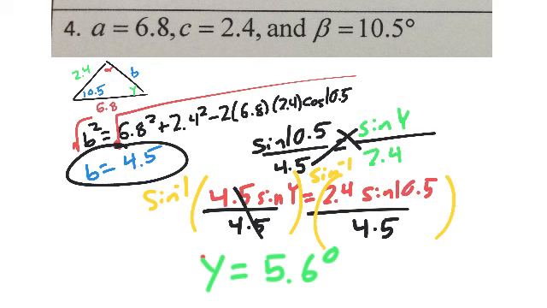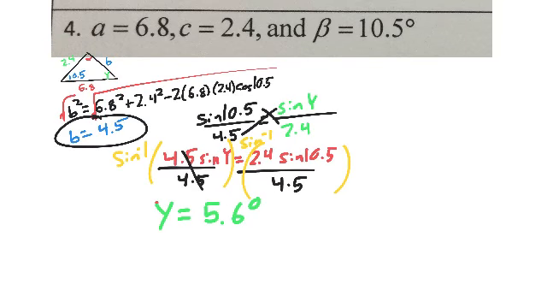Pretty small angle. So again, the other possibility for gamma would be 180 minus 5.6, which would be 174.4. But if it was 174.4 and this one was 10.5, I would already have too much. So that one's not a possibility.